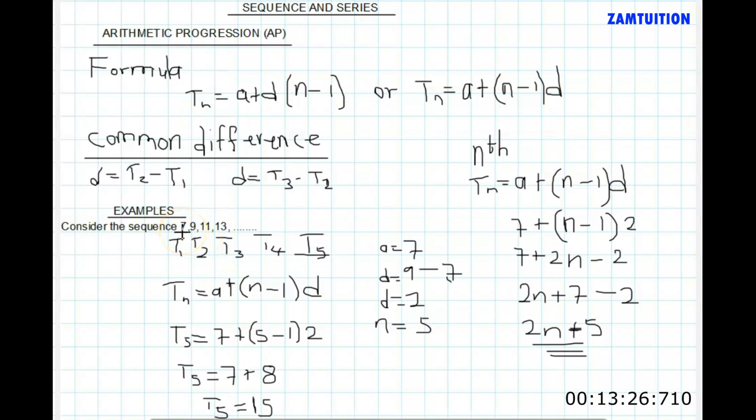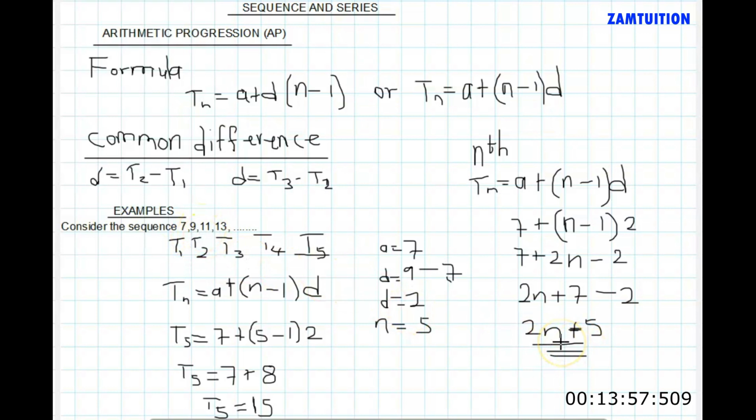This is our first term. For the second term, we put 2: 2 times 2 gives 4, 4 plus 5 gives us 9. For the third term, we substitute 3 where there is n: 3 times 2 is 6, 6 plus 5 gives us 11.